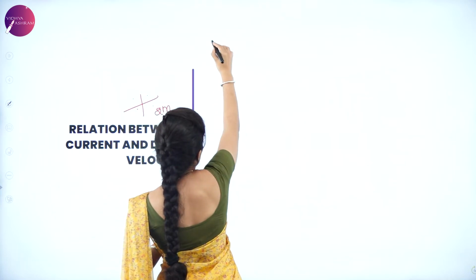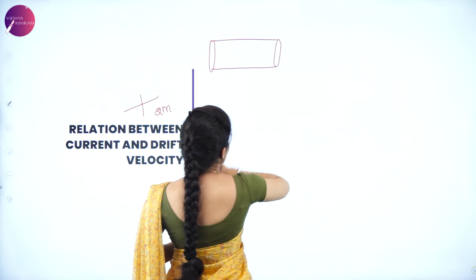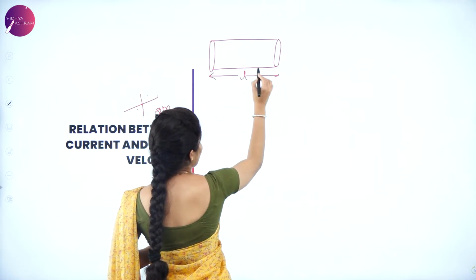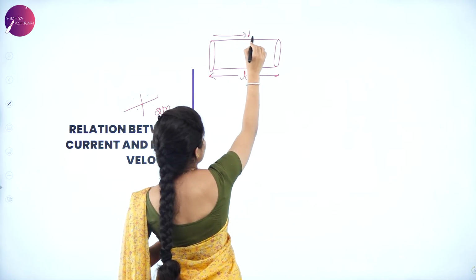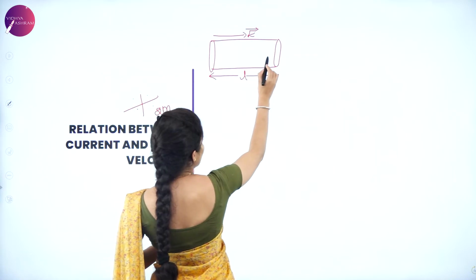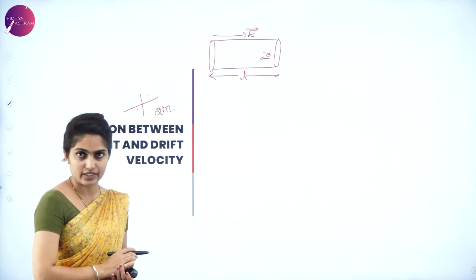So now you will have to consider a conductor which has a length L through which an electric field is applied, and the movement of the electrons is towards the opposite side.